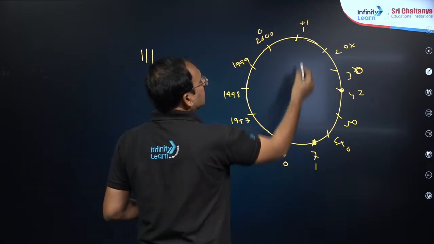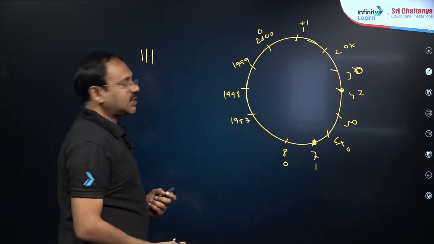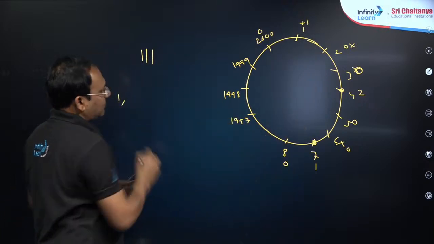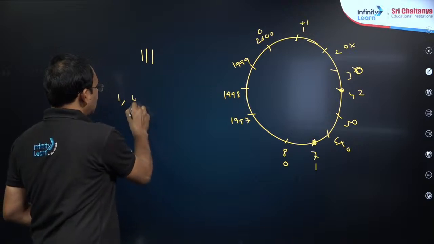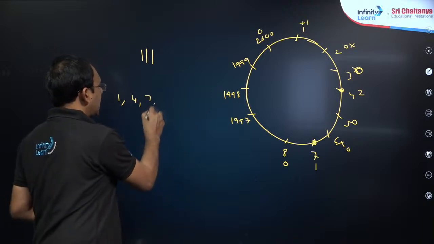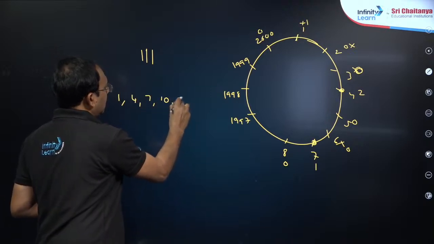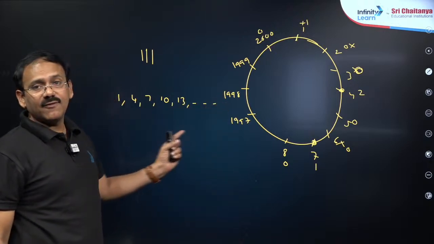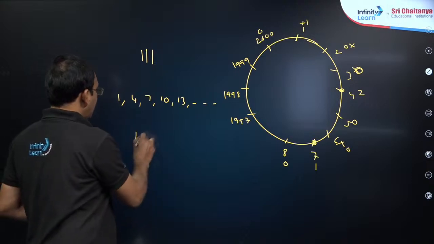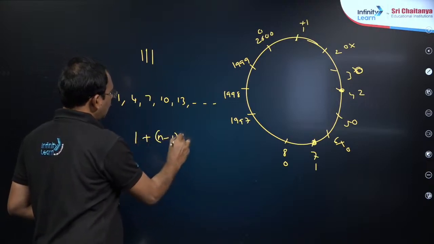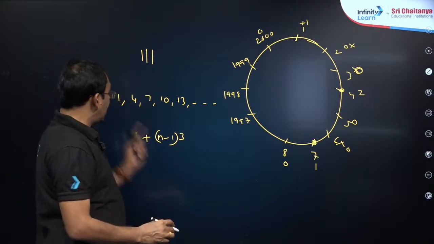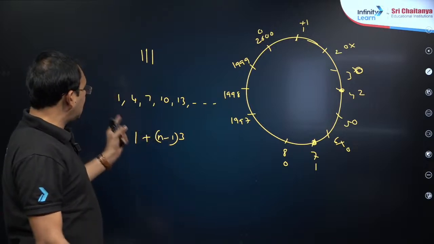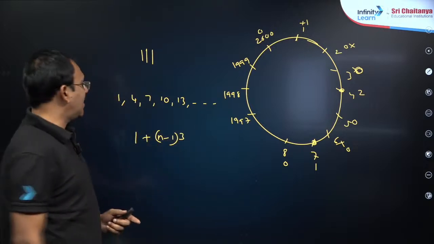That means, you see here, what are the successful cases? At 1 successful, again at 4 successful, then again 7, 10, 13, there is a pattern. It's an AP with first term 1 and common difference 3. So a plus (n minus 1) into d, this can be all the numbers of the kind 3n plus 1, my dear friends, 3n plus 1.